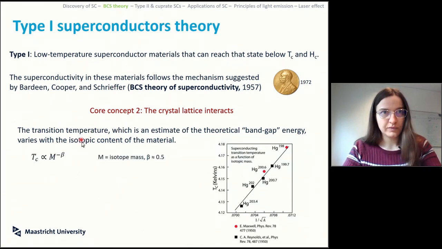So your superconductive temperature is basically a function of the isotope mass. You go to a higher superconductivity temperature as the mass of your isotope decreases.